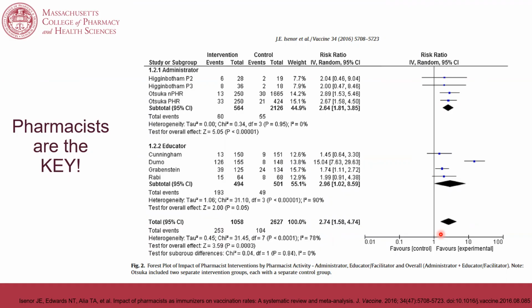And out of 36 studies that were analyzed, every single study found an increase in vaccination uptake when pharmacists were involved in the immunization process, regardless of their role. If they were an administrator, if they were an educator, or if they were the person who actually facilitated vaccination, in comparison to traditional providers without pharmacist involvement.